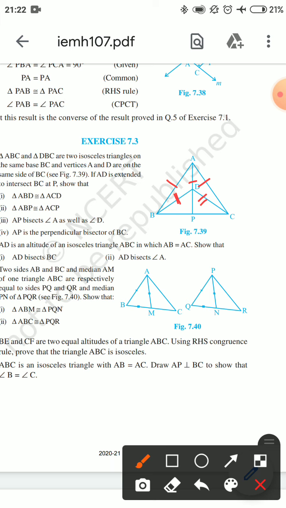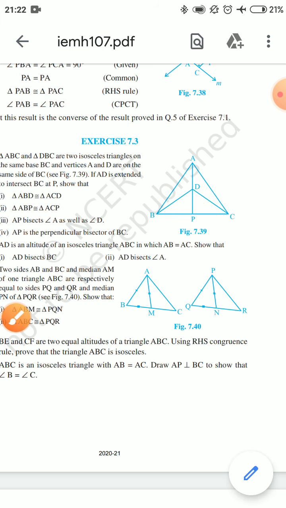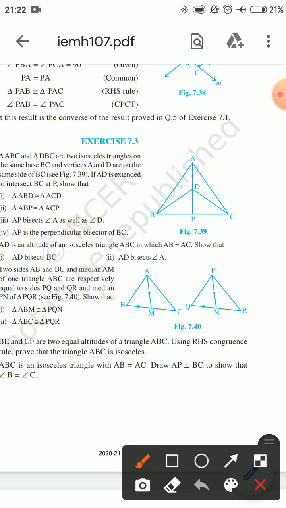Second part that we have to prove is that triangle ABP, the bigger triangle, is congruent to triangle ACP. In this we can see that side AB is equal to side AC. The side AP is common in both.